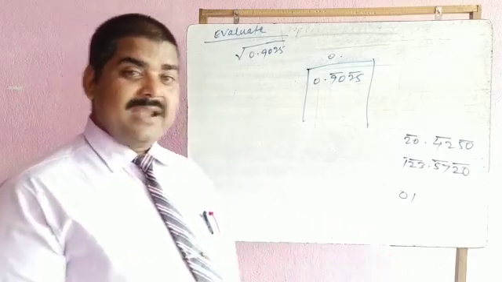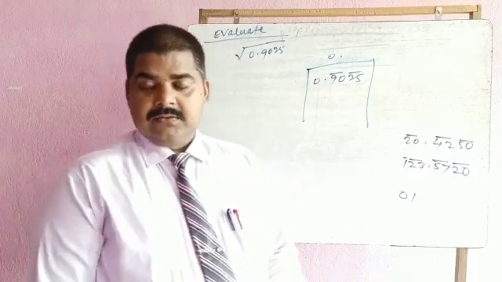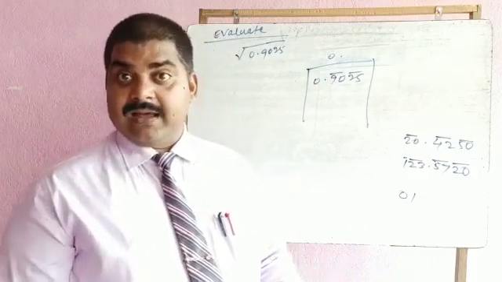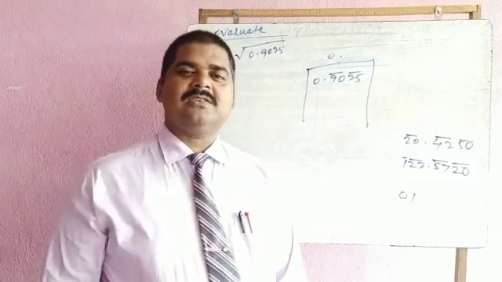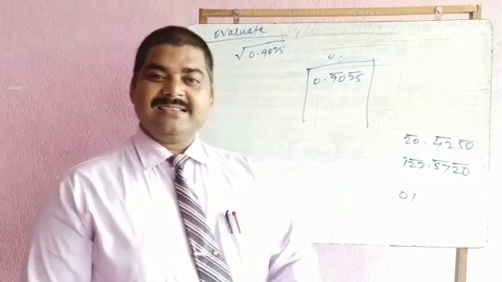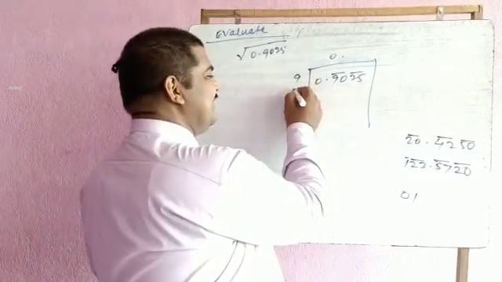And what is the nearest perfect square? You know very well that 9 9s are 81, because 10 10s are 100 and 100 is greater than 90. So you have to pick out 81. 9 9s are 81. You know? Yes, you know.